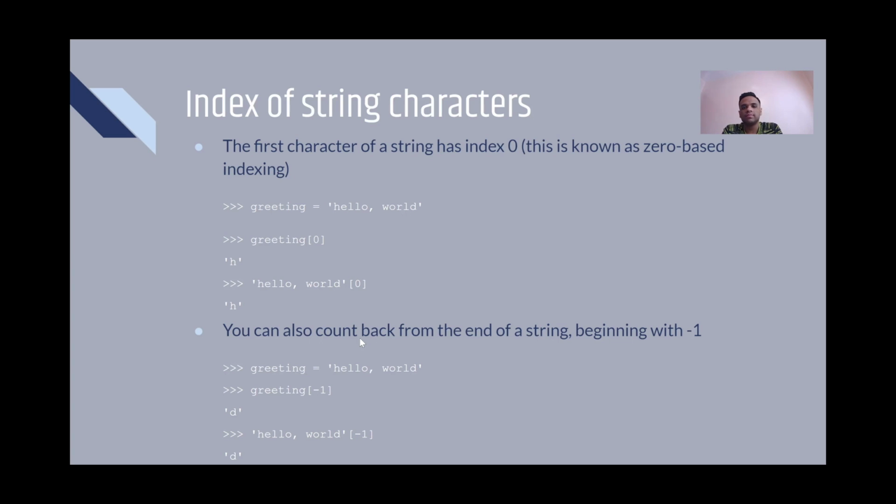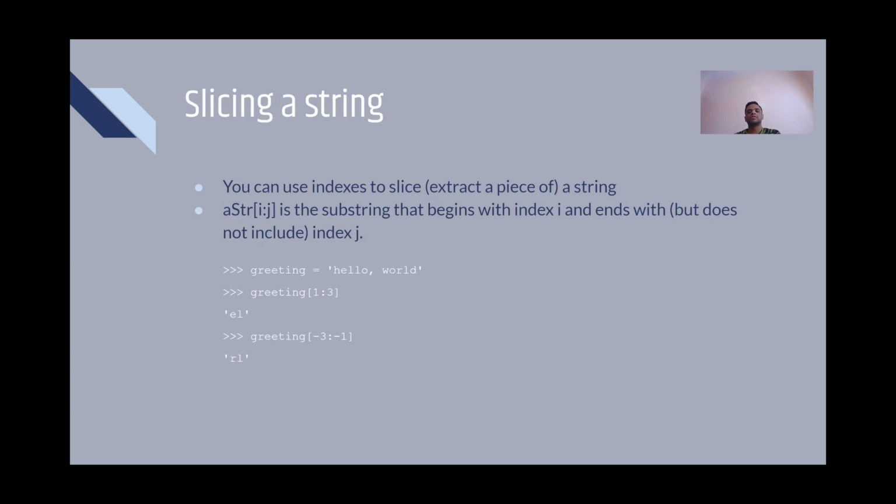So that's how we index a string. How do we slice a string? Slicing is the difference. I think I talked about this in lesson 3, but the difference between indexing and slicing is that you will never get an error when you slice a string out of range.